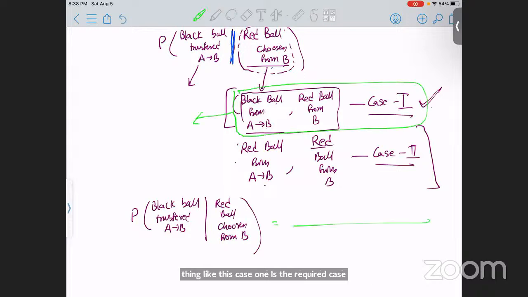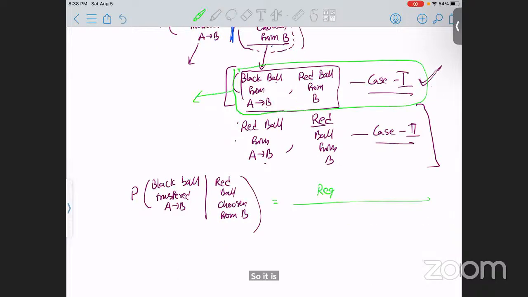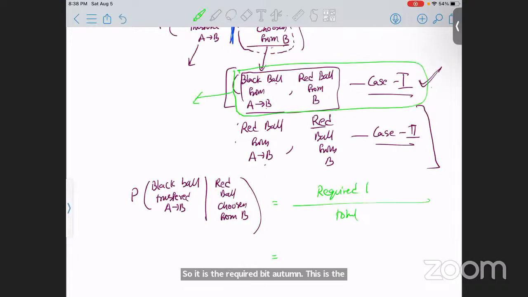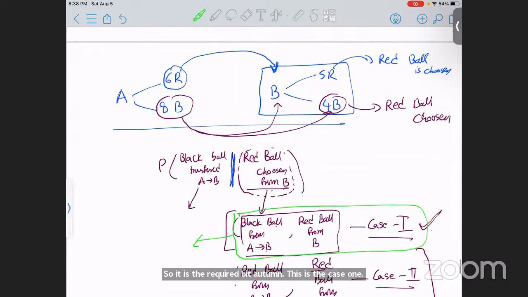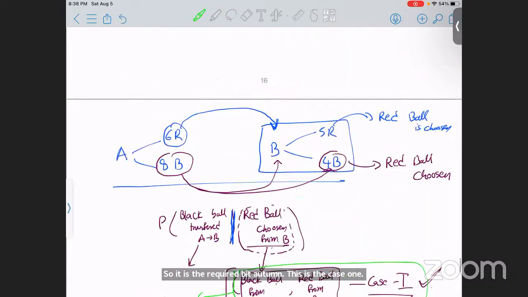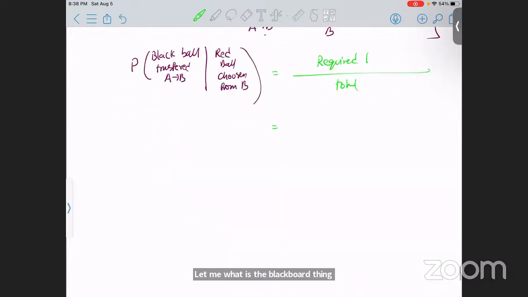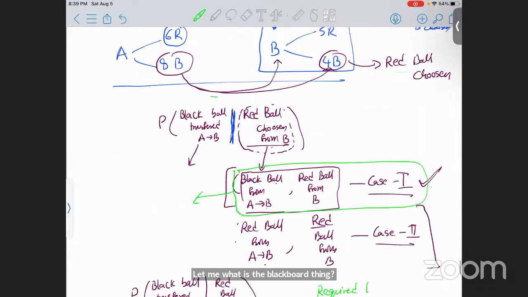So it is required by total. What is case 1? Black ball from A to B. That means, what is the black ball thing? Now A will become 7 black and B will have 5 black.